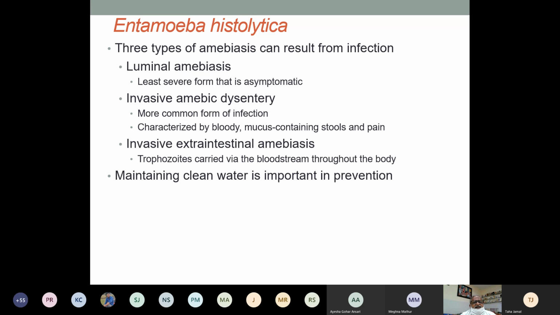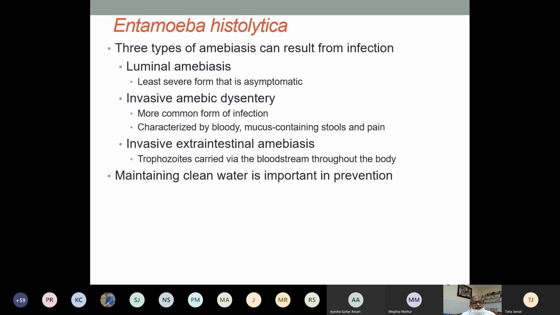Invasive amoebic dysentery is a more common form of infection and is characterized by watery stools containing mucus with pain in the abdomen and rarely blood.